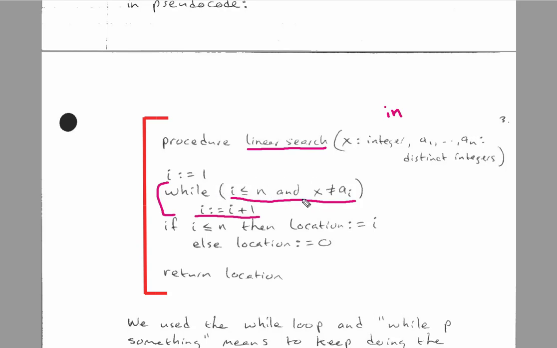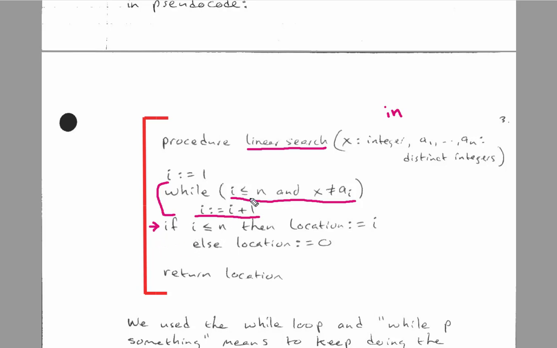The other way the condition can be false is if x is equal to a sub i, which means we've found the number we're looking for. So if we get to the end of the list, or we find the number we're looking for, the condition becomes false, and we break out of the loop and get to this next step.